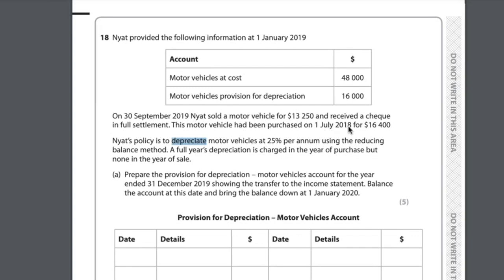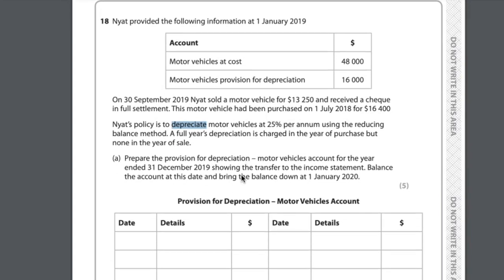He might have asked to apply 6 months, but he said that a full year's depreciation will be charged in the year of purchase and none in the year of sale. And this was sold on 30th September 2019. So in 2019 it was sold, in 2018 it was purchased. So we will apply a full year's depreciation for this.